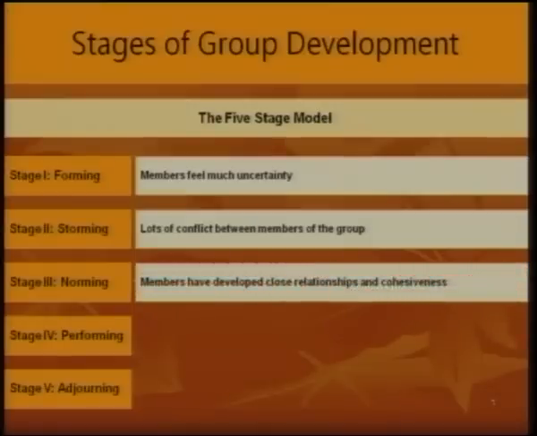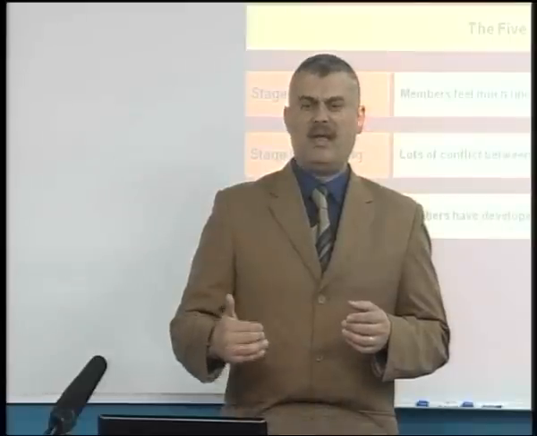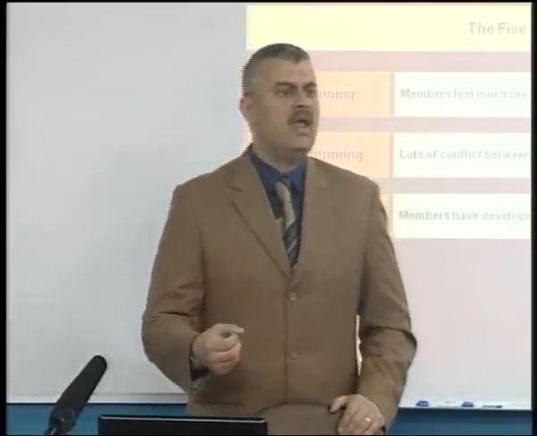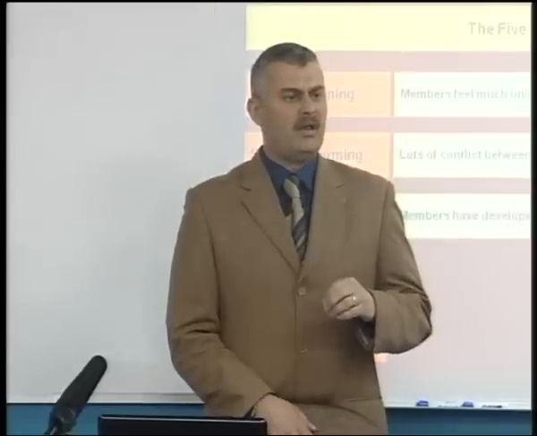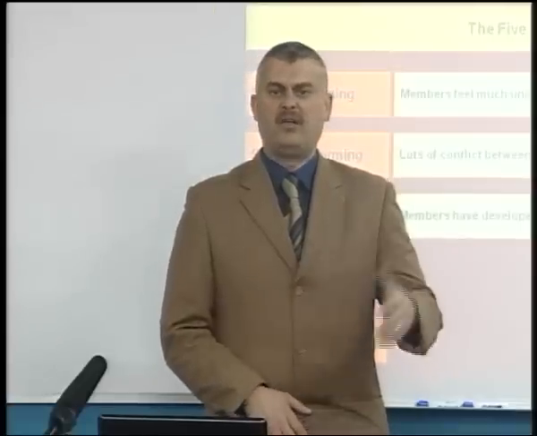Okay. Now, in the third stage, here we are talking about norming. At this stage, usually the group is able to establish some sort of basic grounds where they agree on things, and this is a result. It is a result of the second stage. Okay, so here the group develop more basic grounds where they can start their work.